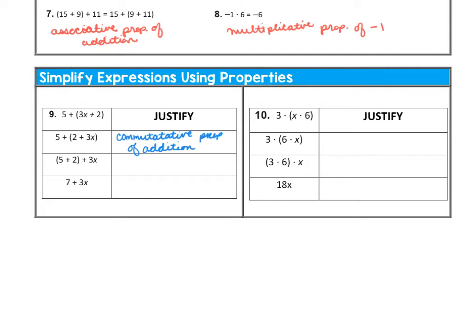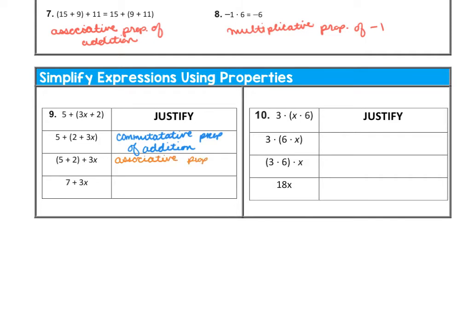For the second step in this problem, we want to look at what changed between line 2, where we just said the commutative property of addition took place, and what changed from it to get from line 2 to line 3. So if we look, we see that the parentheses moved from one grouping to the other grouping of terms. So when we change the grouping of our terms in an expression, that is when we use the associative property.